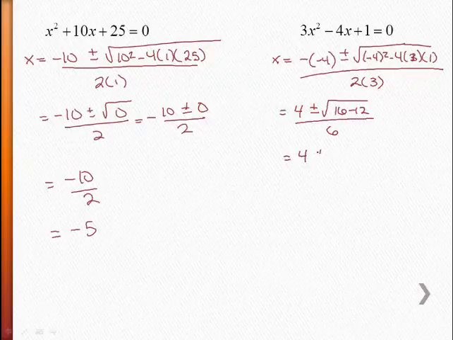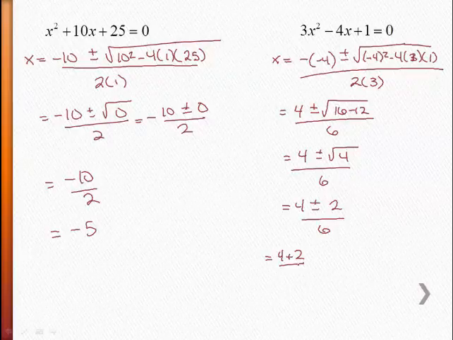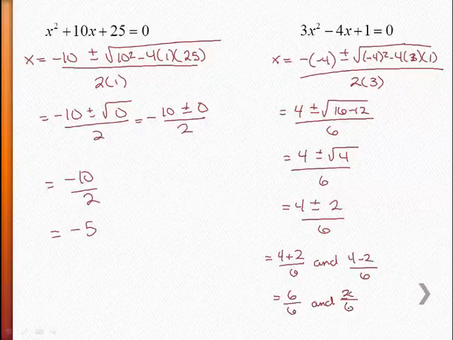That's 4 plus or minus the square root of 4 over 6. 4 plus or minus 2 over 6. So I'm going to have 4 plus 2 and 4 minus 2 over 6. That gives me 6 over 6 and 2 over 6. So that's 1 and 1/3.